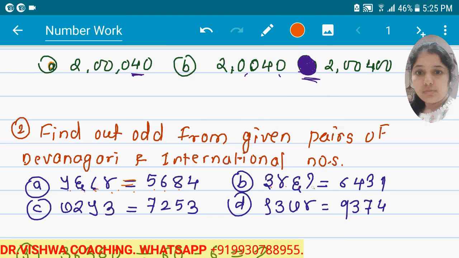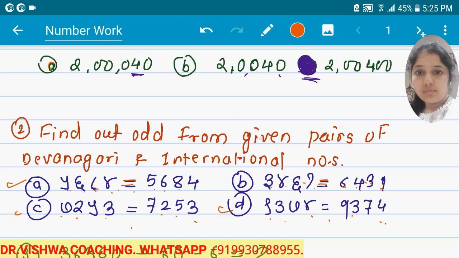Now 3461. The same number is repeated. We check 6431. No, these are two different numbers and the equal sign is given. But we will check the other pairs also. 7253, 7253, 9374, 9374. So this one is correct, this one is correct, this one is correct.